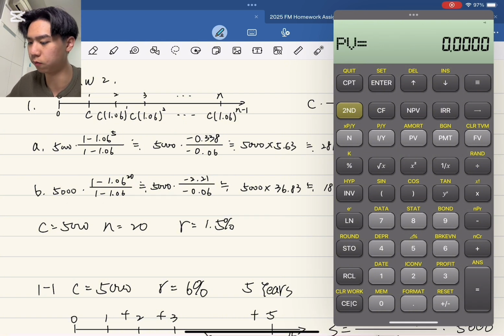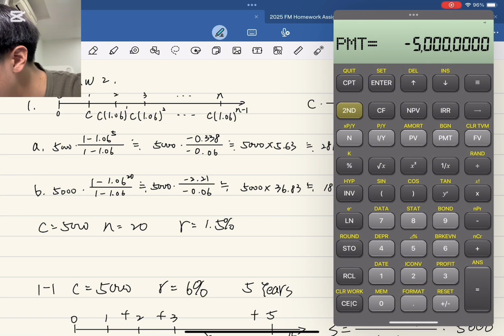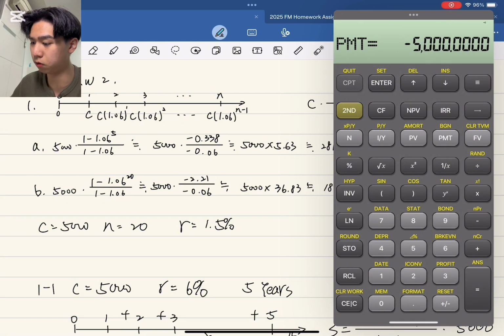And the payment is our cash flow. We put the money in, so the cash flow is minus. Payment. Future value. What is the future value? Compute.